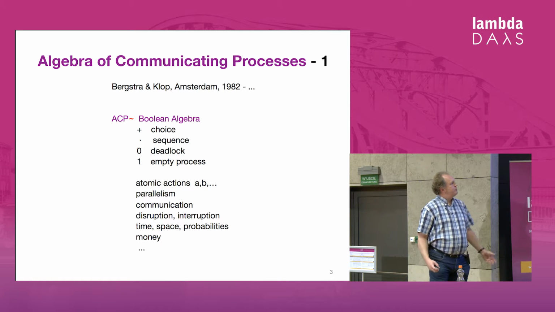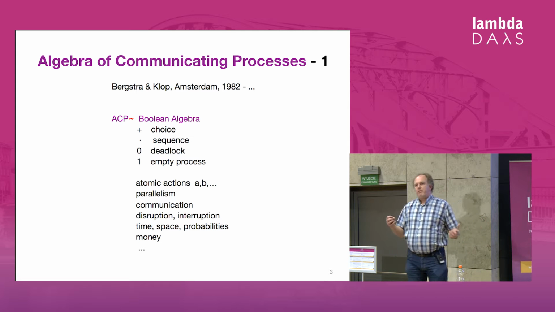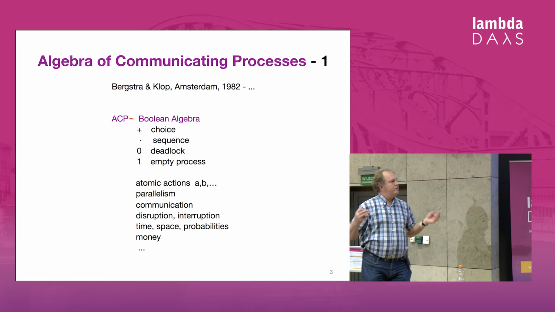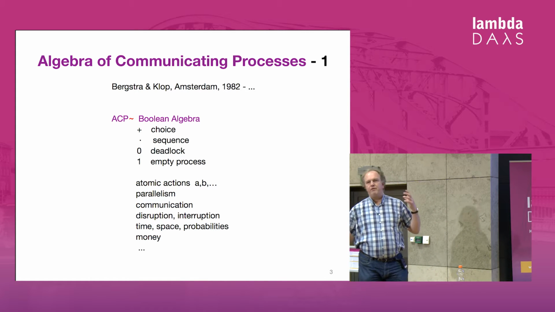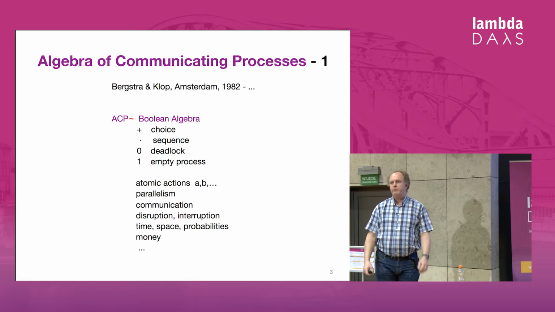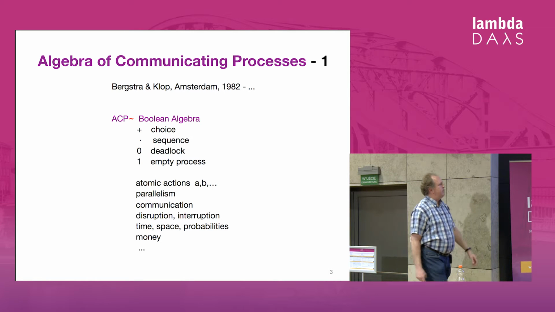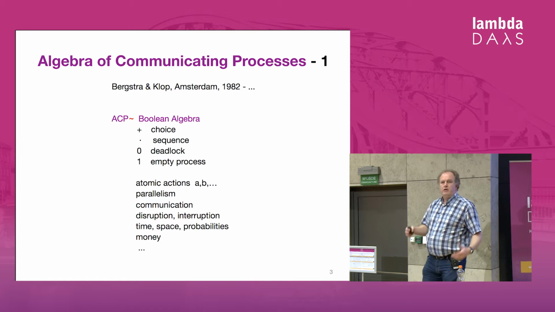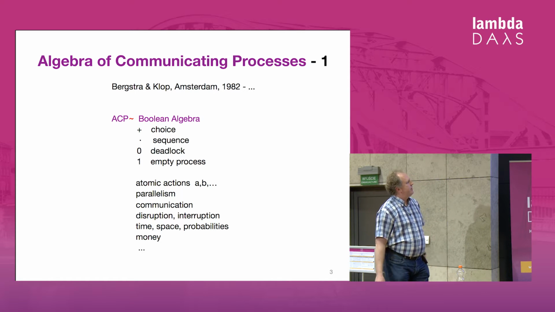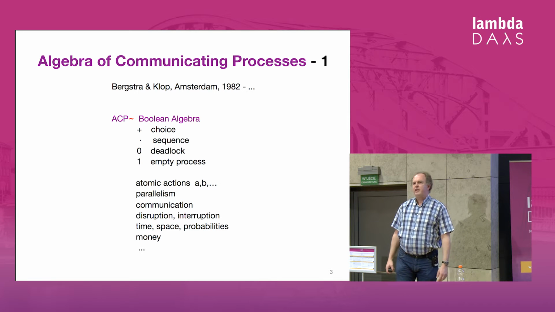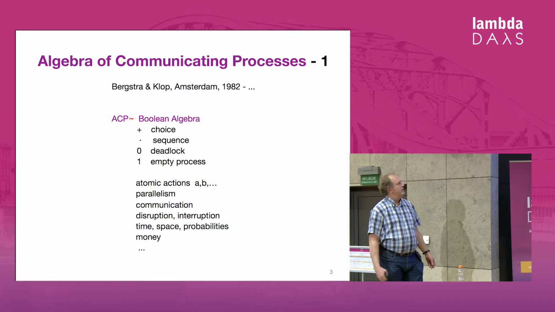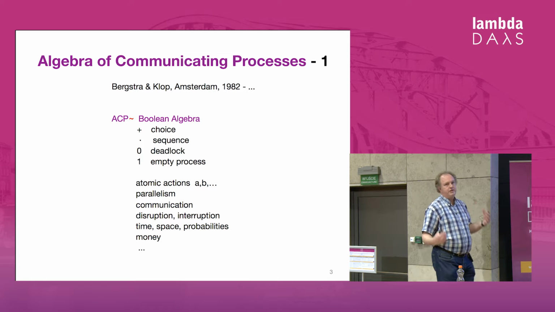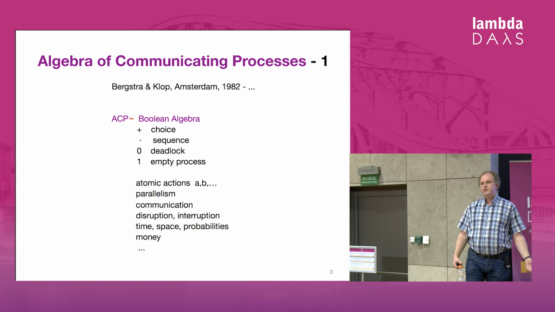And that becomes important because now there's not just true and false and so on, but there are also things that can really happen in time. They're called atomic actions, and we denote them A and B. And the role of true and false or 0 and 1 is that 0 is now a process that can never happen. It's deadlock. That's what we call it. And 1 is a process that succeeds immediately.